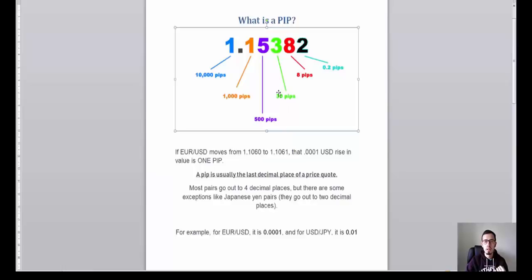The third digit is 10 pips. The difference between 1.15 and 1.16 is 100 pips. This is 1,000 pips, and this is 10,000 pips.